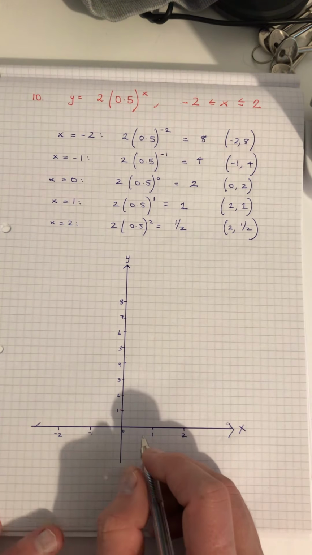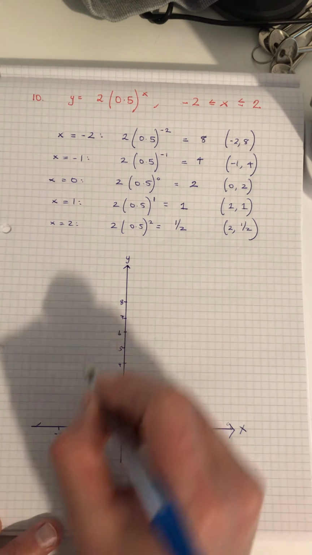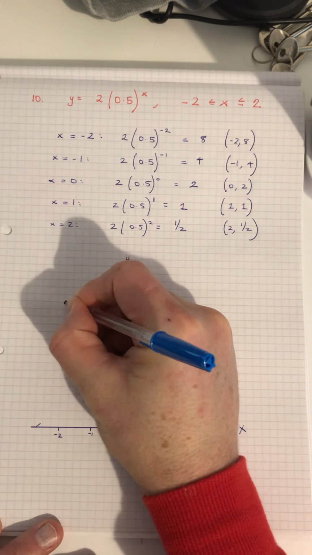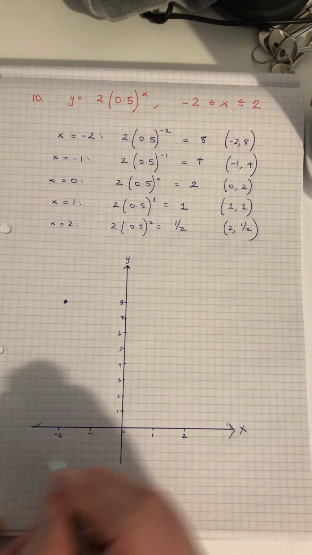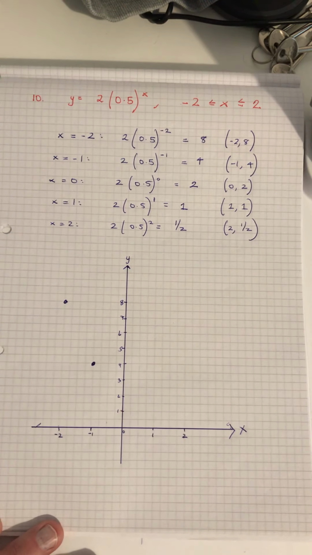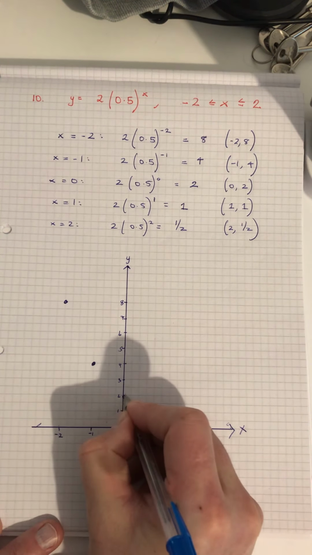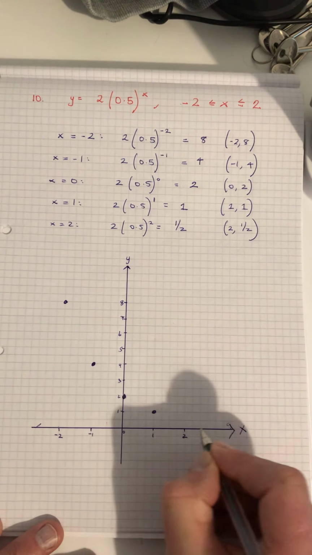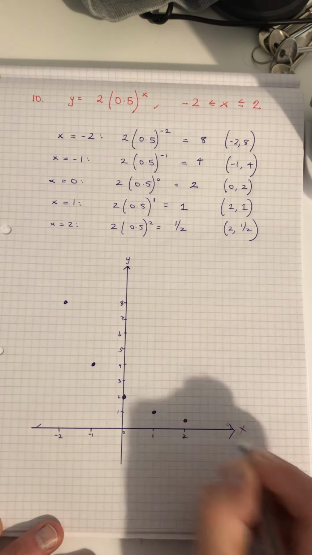Okay? So minus 2 up to 8 is somewhere here. Minus 1 up to 4. 0 up to 2. 1 up to 1. And 2 up to a half.